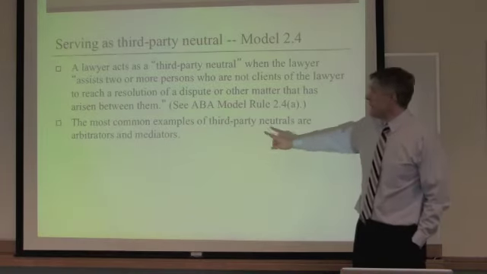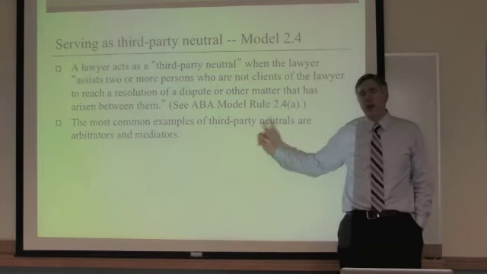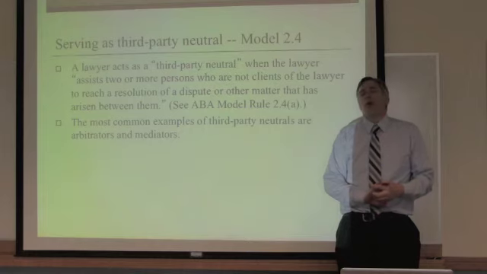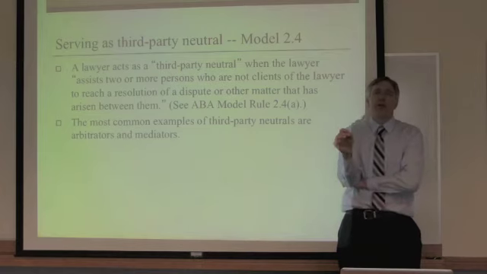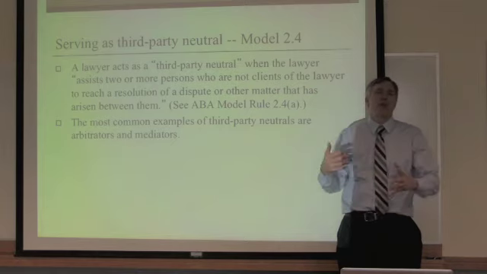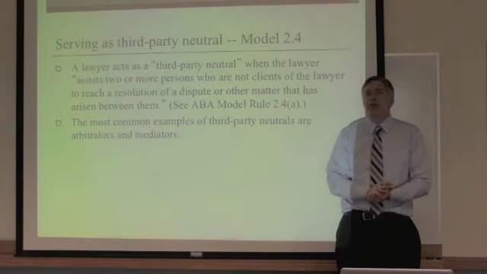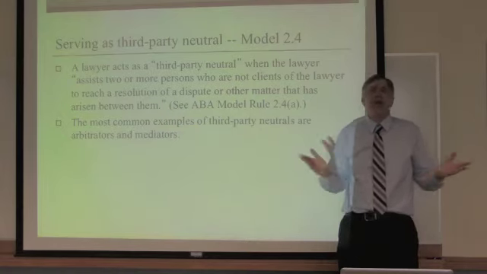Okay, we've talked about common examples, arbitrators and mediators. I did mention this type of arbitration we talked about briefly in 1.12, and that's the conflicts rules for third-party neutrals and judges. But we talked about multi-panel arbitration, where basically a single panel consists of members drawn from partisan affiliation.